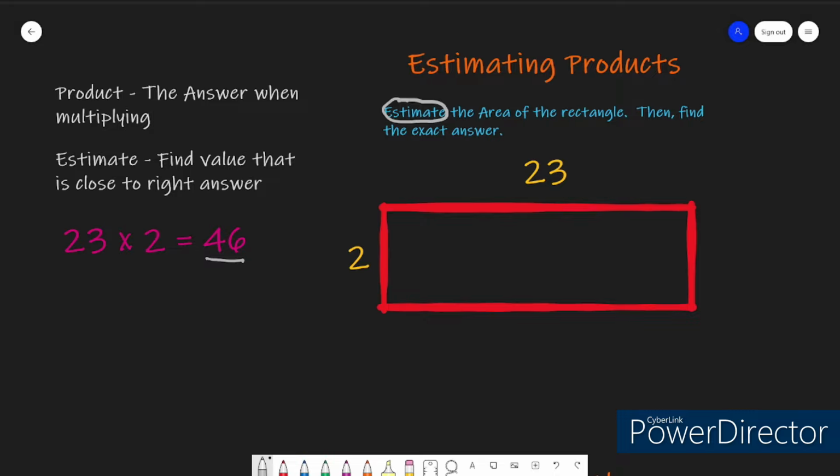Let's say rounding down to 20, do 20 times 2, or is going up to the next tens value from 23 to 30 be closer to the exact answer? Go ahead and if you'd like to, pause the video and see what answer you come up with.